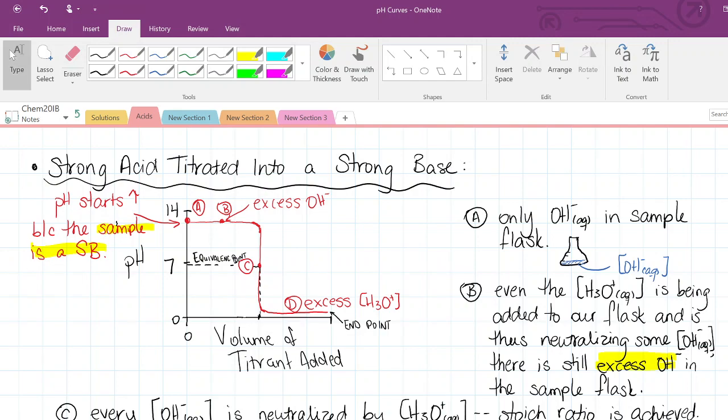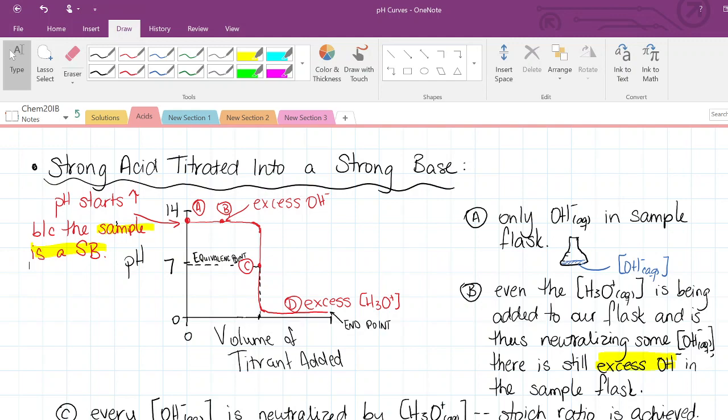Now, initially, when we start adding titrant to that sample, the titrant is going to have very, very little effect on the pH because there's going to be such a high concentration of hydroxide in that sample that the little bit of hydronium we're adding is going to do very little to change the pH. So at this point that I've labeled point B, we still have excess hydroxide.